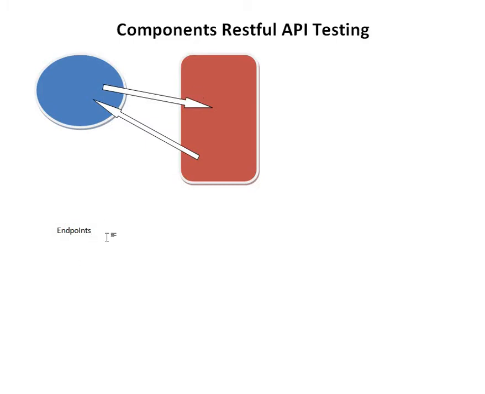So the endpoint has two types of URL. One is a user interface, a UI, where you'd be typing www.google.com, and another is the server-side URL, which is called the endpoint. The user interface URL is what you, as an end user, will be accessing.